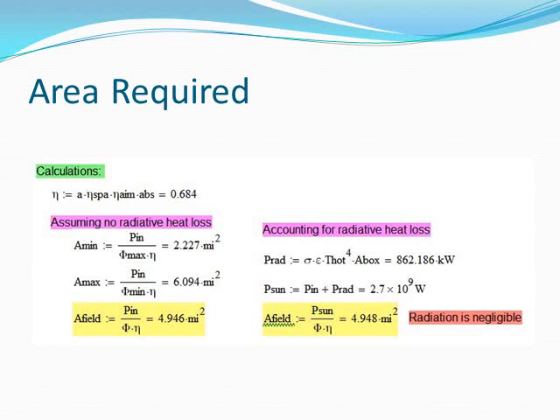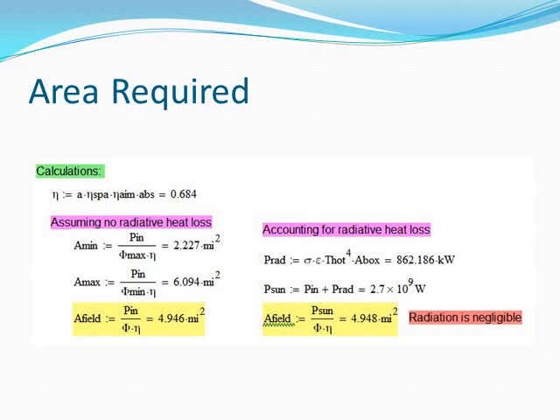We first assumed that there was no radiative heat loss from the tower. Using this, we calculated that the minimum and maximum area required to provide enough power were 2 square miles and 6 square miles. Although this is fairly large, it's not completely infeasible, assuming that cheap land was available.